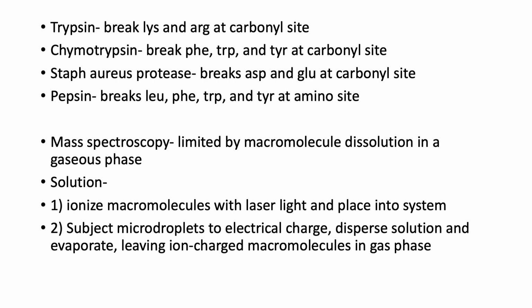There's also pepsin, which is also part of the gastric fluid in the human, and that would break so that you have leucine, phenylalanine, tryptophan, or tyrosine at the amino site.